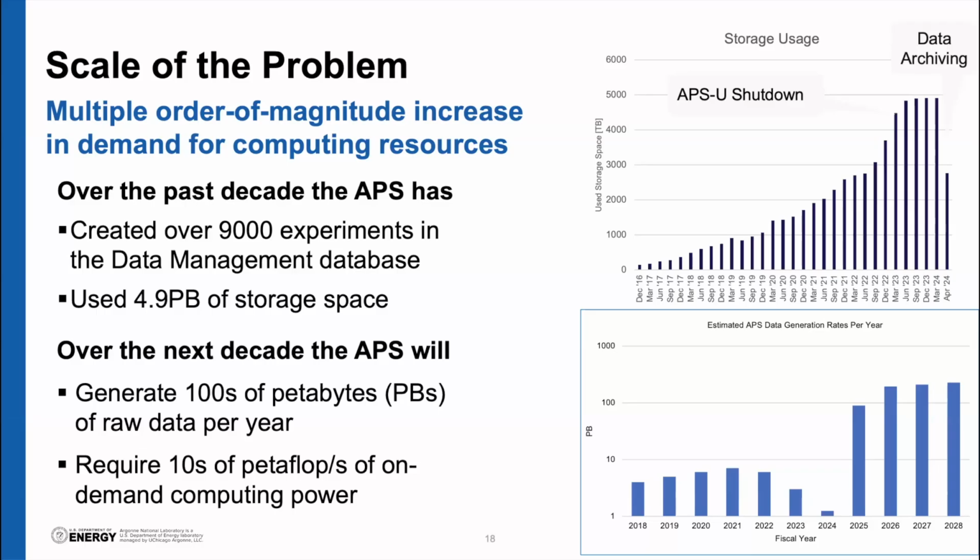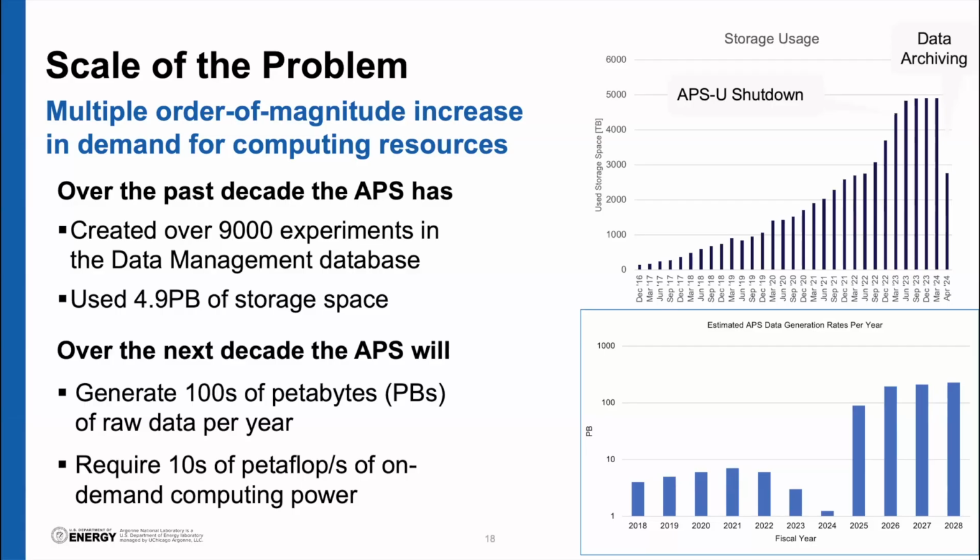So we have thousands of experiments that are happening over the years. And so far, this has accumulated about 5 petabytes of storage. And that was before the upgrade happened. But over the next decade, we're expecting to generate hundreds of petabytes of raw data a year.